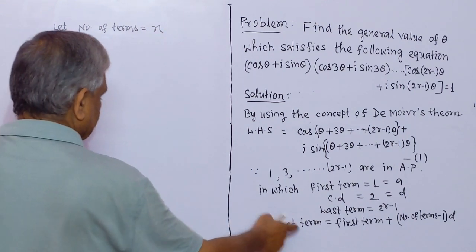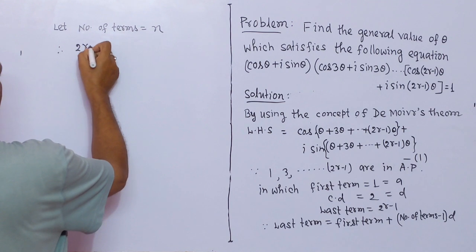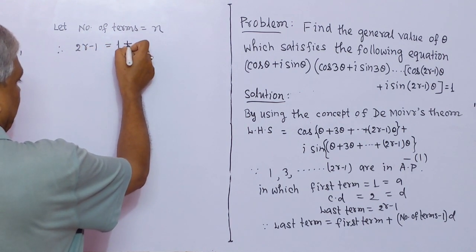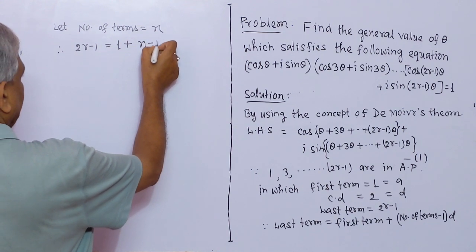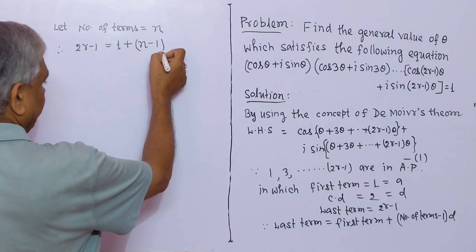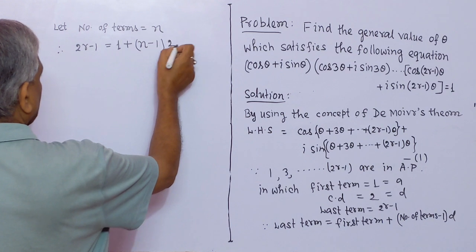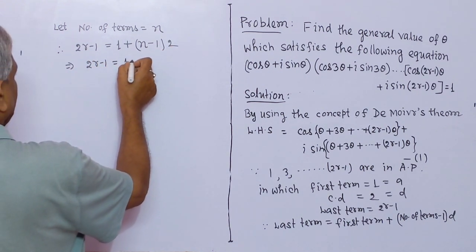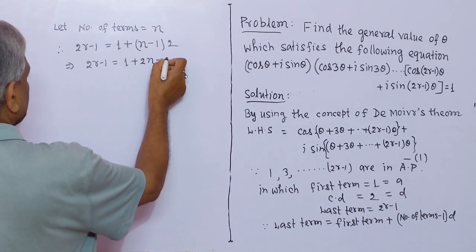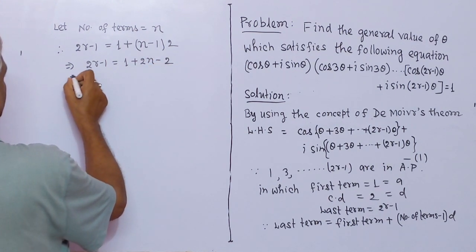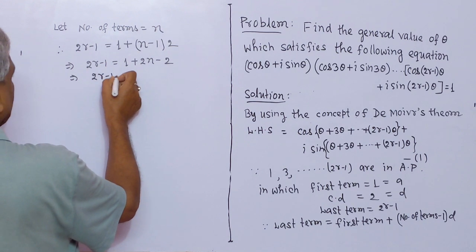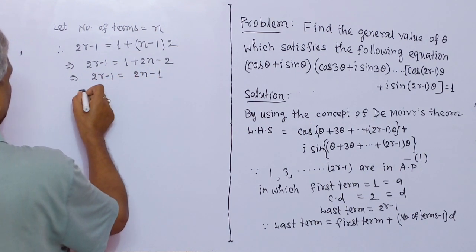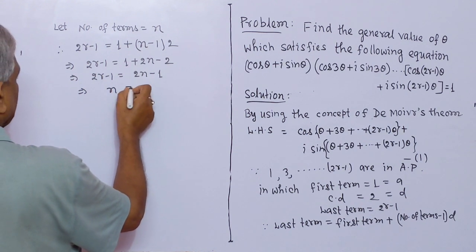Therefore, last term 2r minus 1 equal to 1 plus (n minus 1) times common difference 2, implies that 2r minus 1 equal to 1 plus 2n minus 2, implies that 2r minus 1 equal to 2n minus 1, implies that n equal to r.